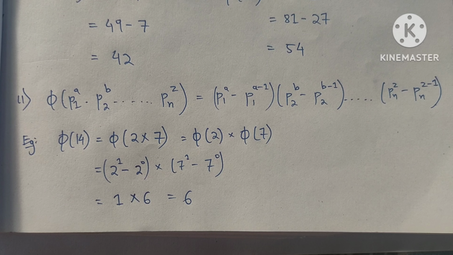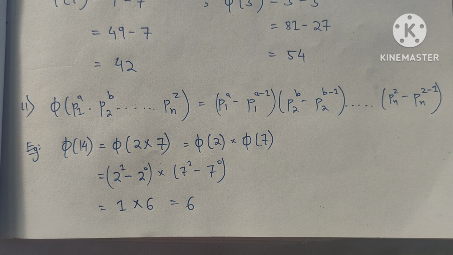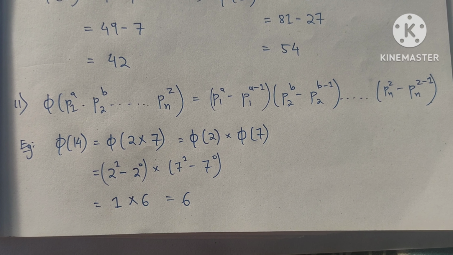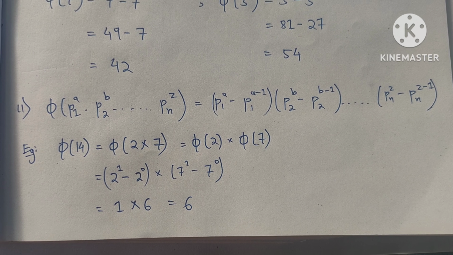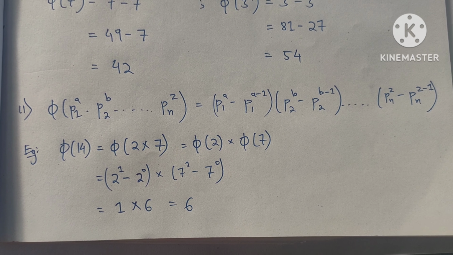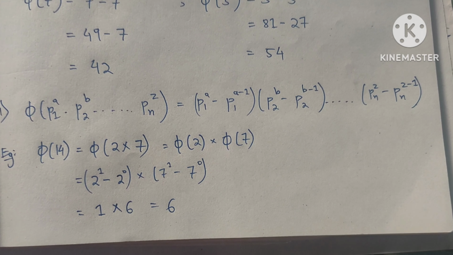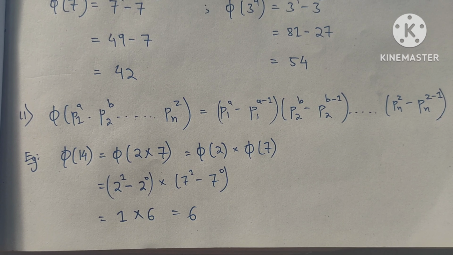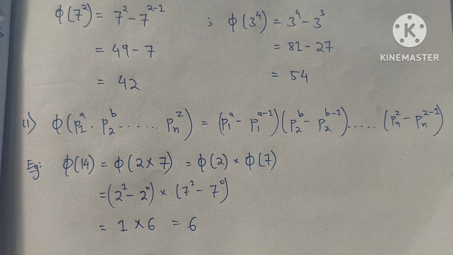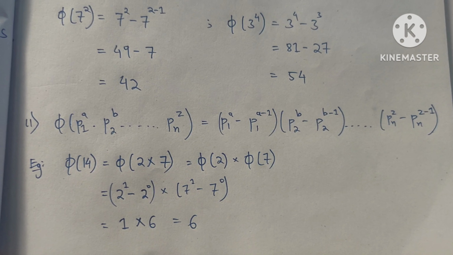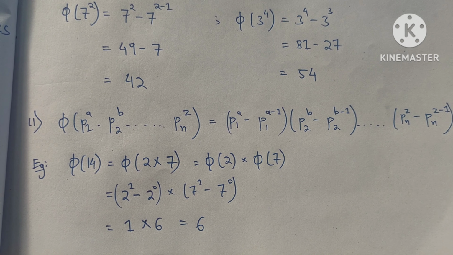In these types of sums where we have a product of prime numbers, we will first write it as phi of that product of prime numbers, and we will separate the two. Yes, we can do that. The formula allows us to do that, right?